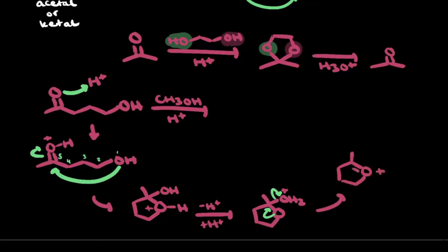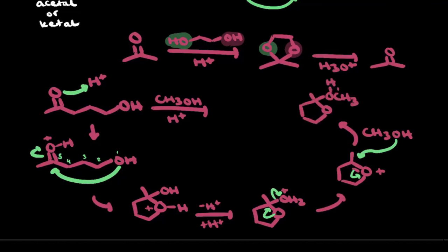Right, and then you end up with this oxyanion intermediate, which is when your methanol comes in and attacks. And then send your electrons up like that. So then you end up with an intermediate that looks like this.